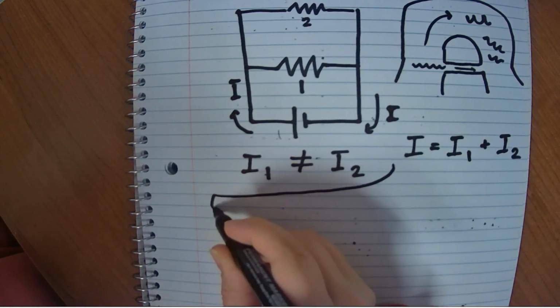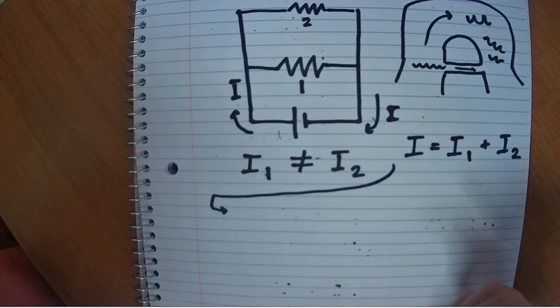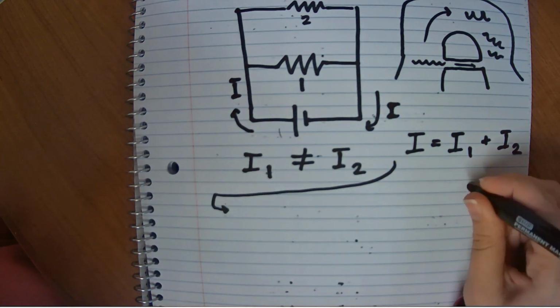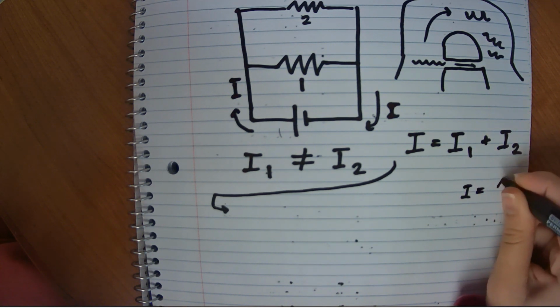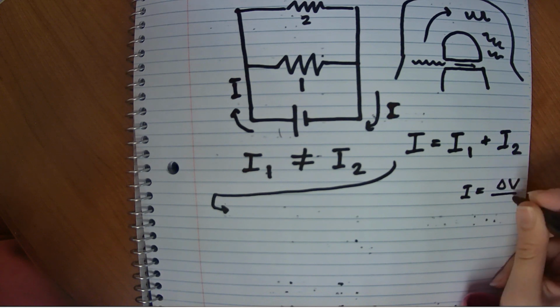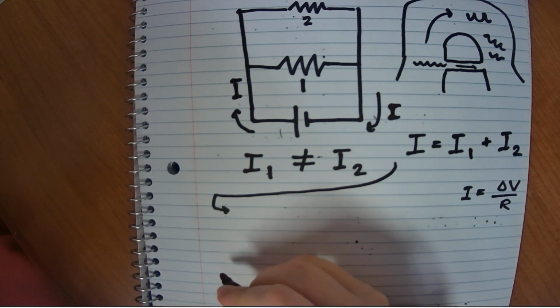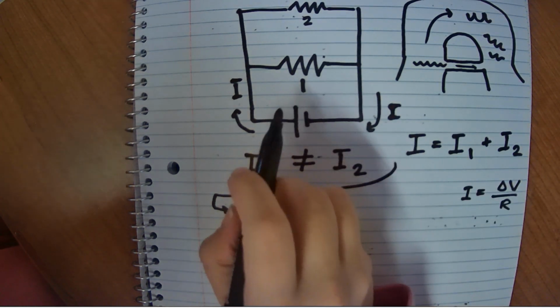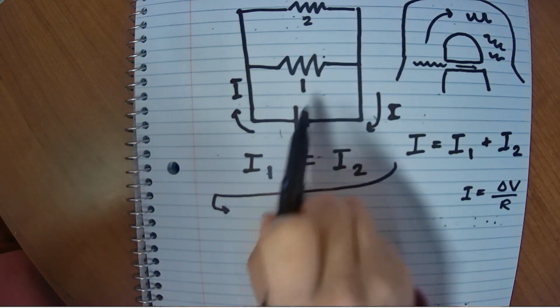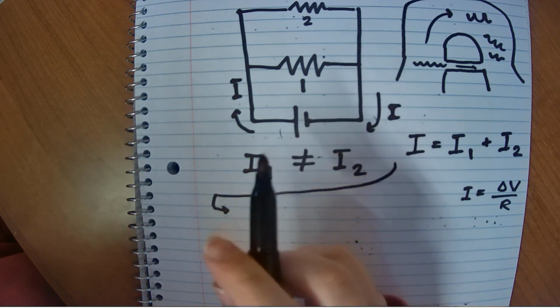So let's look back here. We know that Ohm's law states that the current is equal to the potential difference over resistance. What we also know for parallel is that the potential difference is the same across resistors.